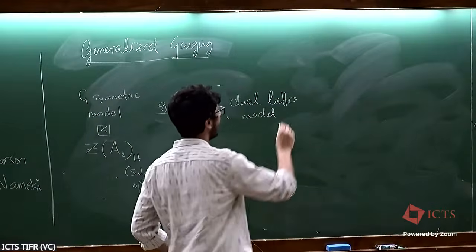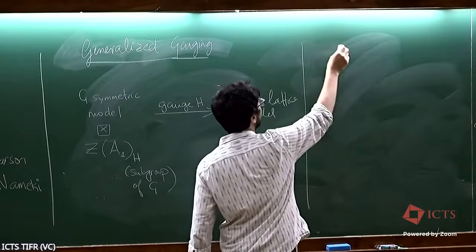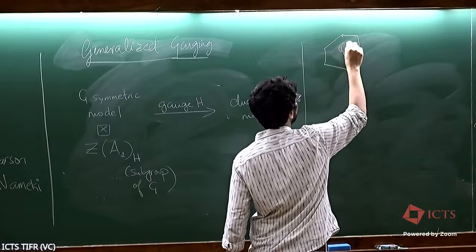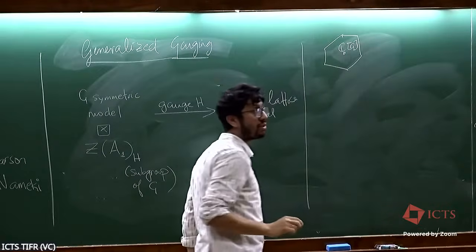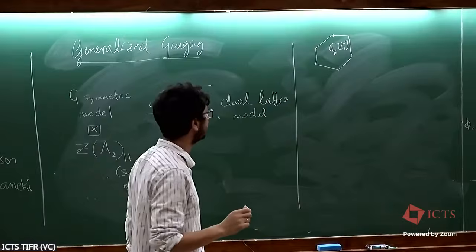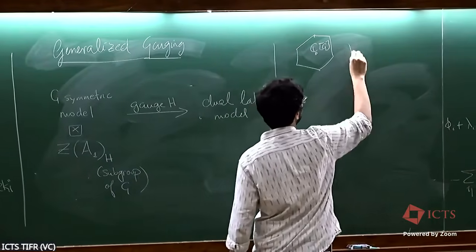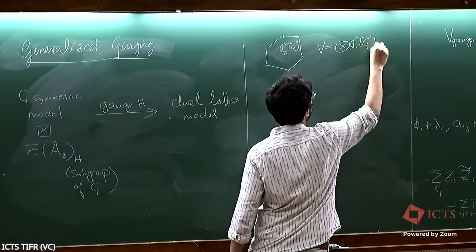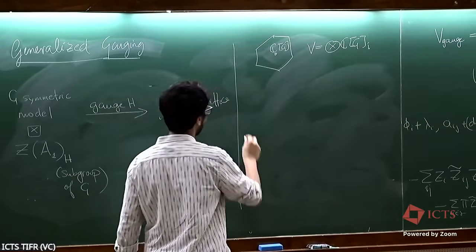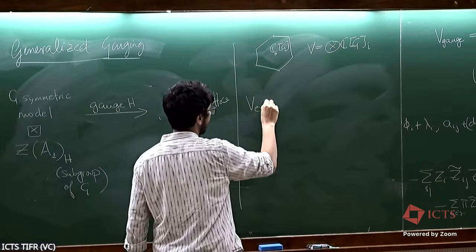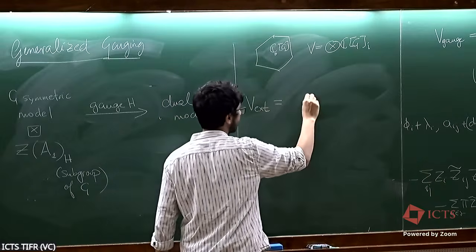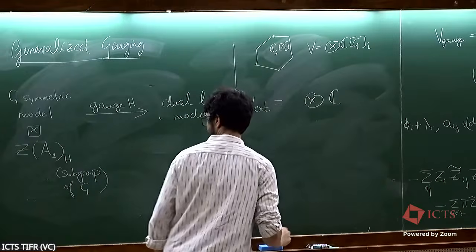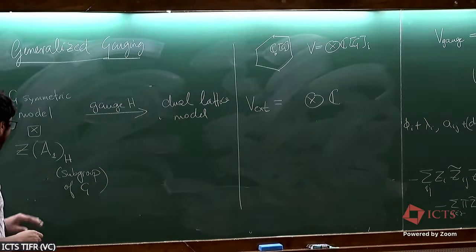So again, we start with some model on a hexagonal lattice with G qubits on the sites. So V is, and then we go to an extended Hilbert space, which is a tensor product of C. Okay, sorry, maybe I should step back a second.